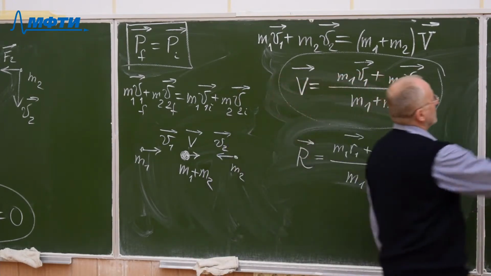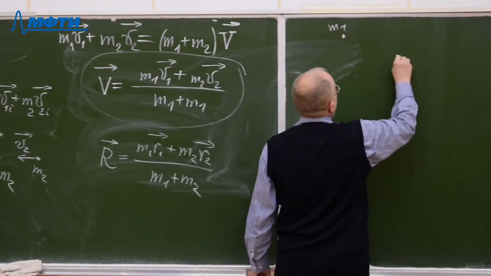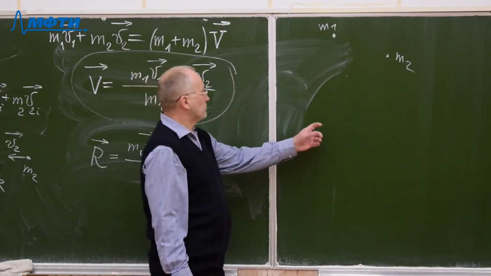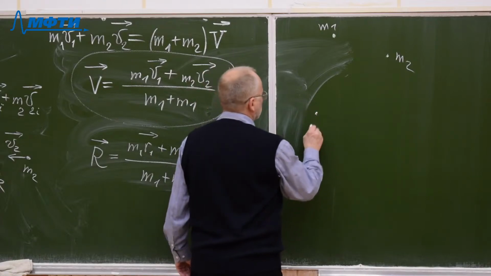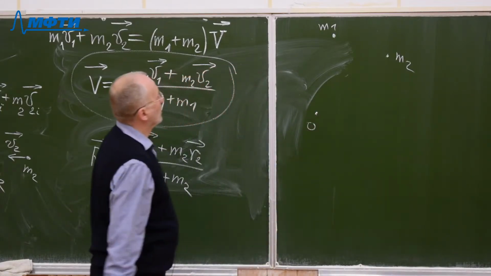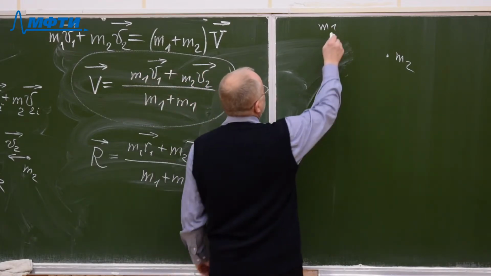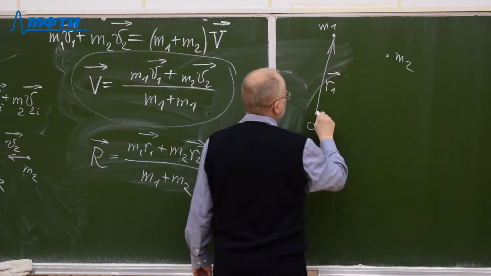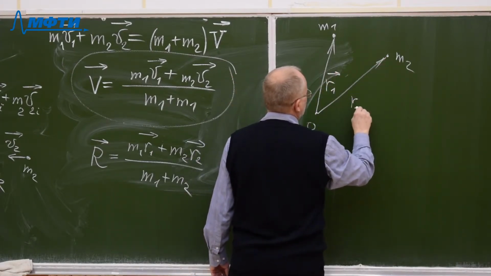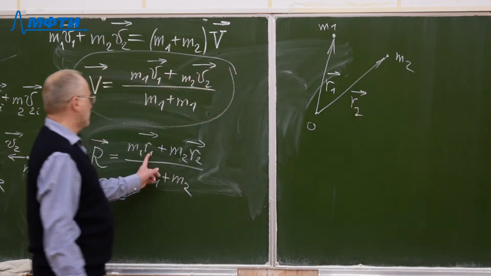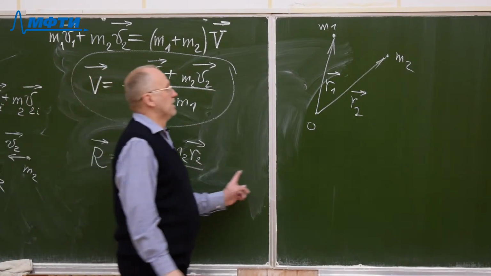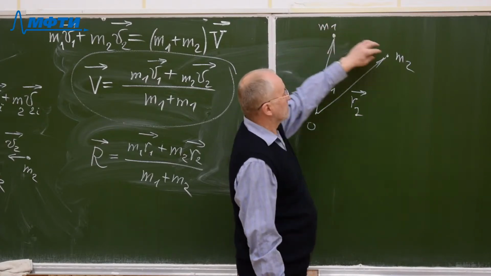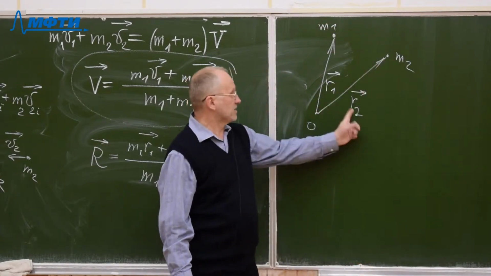What I mean is that we have two particles m1 and m2, and we have some frame of reference with origin at point O. In this frame of reference, the first particle has its own radius vector r1, and the second particle also has its own radius vector, r2. These vectors give you the coordinates of each particle.